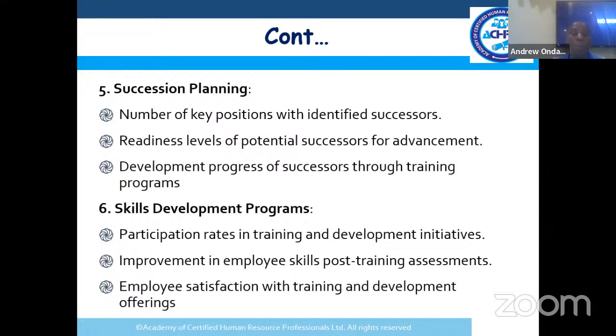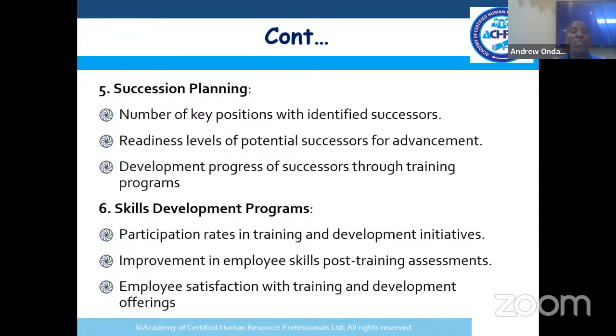Why? Because these numbers will create a pipeline of qualified human resources to occupy senior positions. Otherwise, if you don't have these adequate numbers, then should there be a vacant position at a higher level, you find that your pipeline is dry. You don't have a suitable replacement.